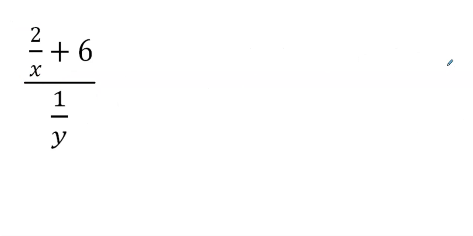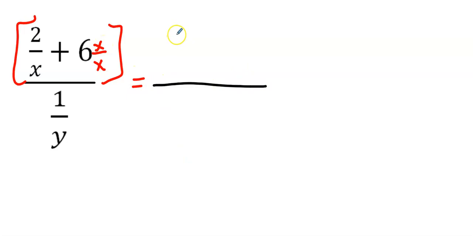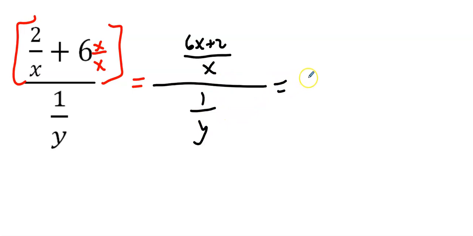Here again, you can kind of bring these together. You have to multiply this one by x over x first, but that's not a bad way to go. So the numerator you'd have, we're getting used to this, would be 6x plus 2 over x. Denominator would be 1 over y. I'm going to simplify the numerator.